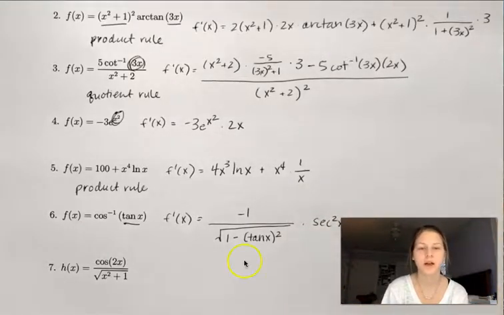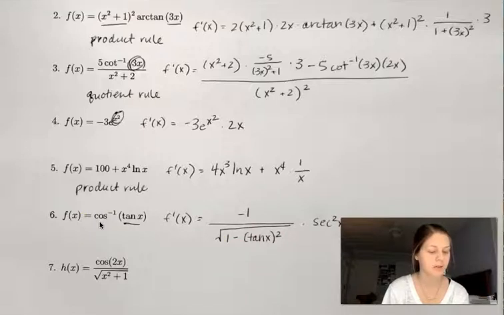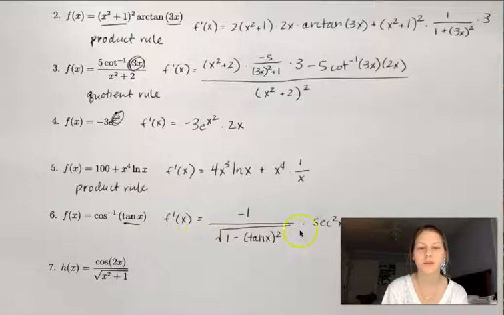And so here, we get the first part of the question because the derivative of the inverse of cosine is -1 over the square root of 1 minus x squared. So that's how we get this. And then because we have to use chain rule with the tan x, we multiply it times secant squared x, which is the derivative of tangent.